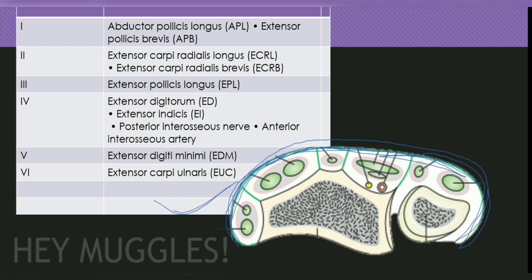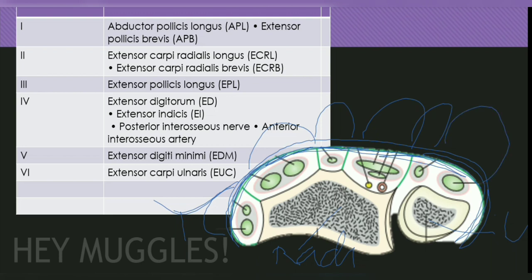This is your radius bone, and this is your ulna. These are your 6 compartments. This is your first compartment, second compartment, third compartment, fourth, fifth and sixth compartment.